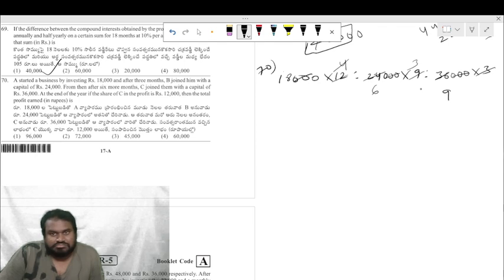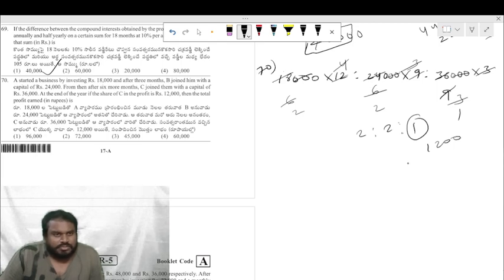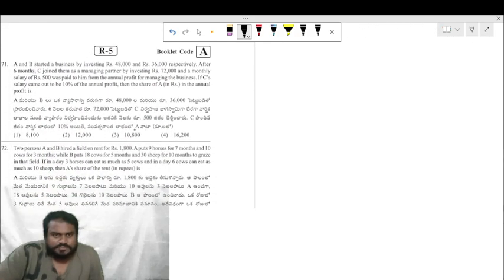The ratio is 6 to 2 to 1, but C's profit is 1200. Then the total profit is 5 parts. One part is 12, so 5 parts means 12 into 1000, 12,000. Just find the ratio, that's it.